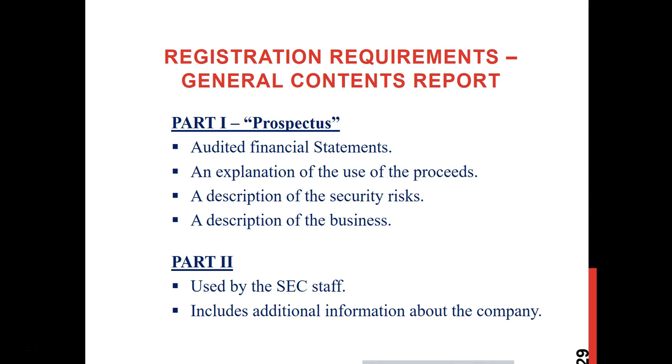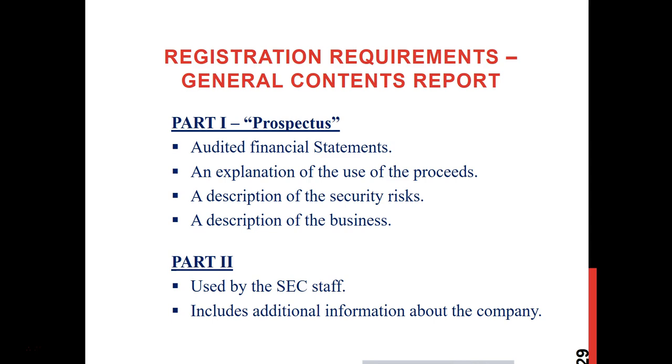Definitely it will include financial statements for the issuing company, and those must be audited by an independent auditor, and of course they need to provide supplementary information. Also, the company needs to provide an explanation of the intended use of the proceeds to be generated by the sale of the new securities.